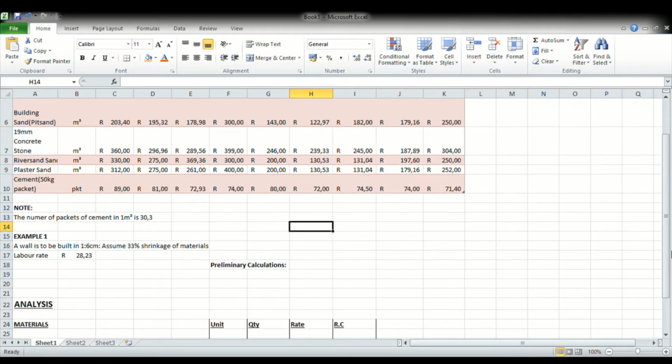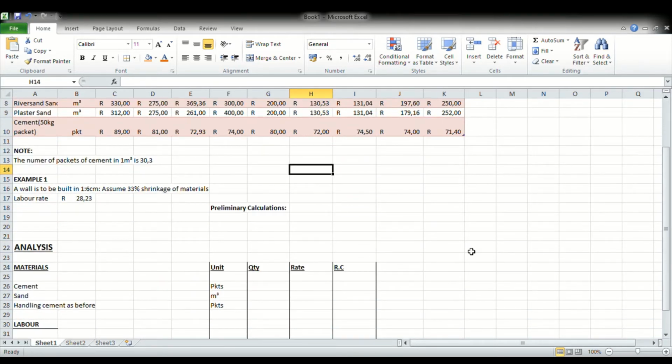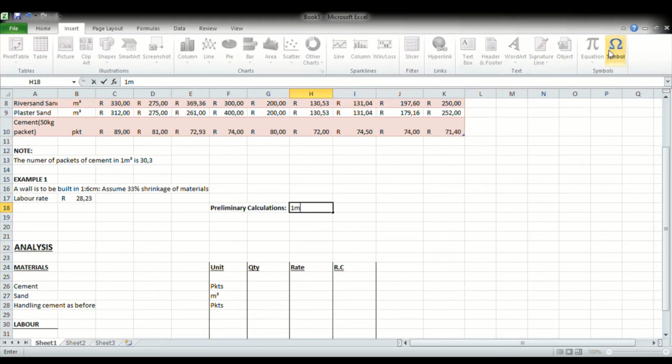All right. Now for our preliminary calculations, if you can recall, I said that the first step that we need to do is to determine the quantity or the volume of our dry materials. So this is how we're going to do this. When 1 cubic meter of our dry ingredients is mixed with water, it shrinks by 33%.